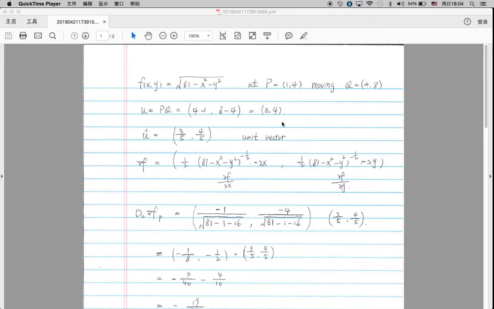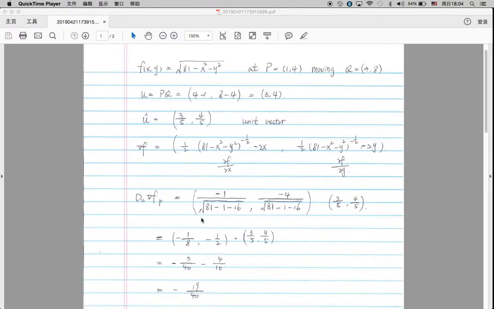So the magnitude of this vector is 5, and the unit vector will be 3/5 and 4/5. This gives us the unit vector pointing from P to Q.